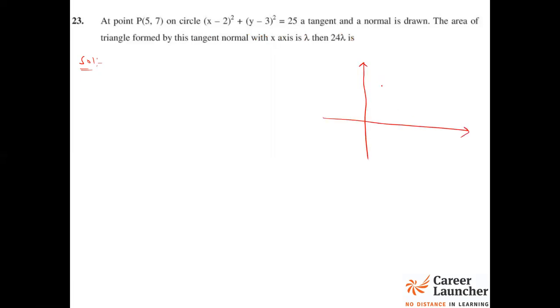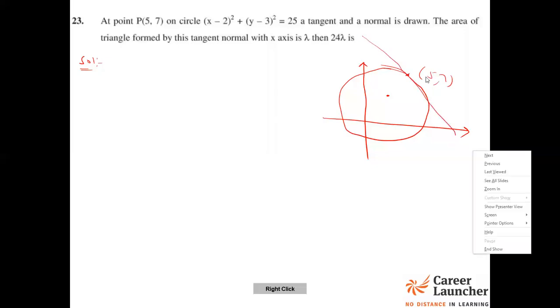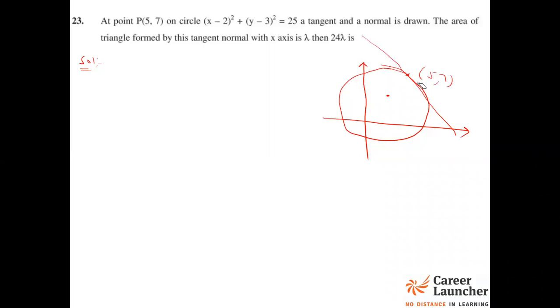So we have a circle having center at (2, 3) and radius 5. So we get a circle in this form. Now there's a point (5, 7) somewhere here. At this point we are drawing a tangent and also we are drawing a normal.